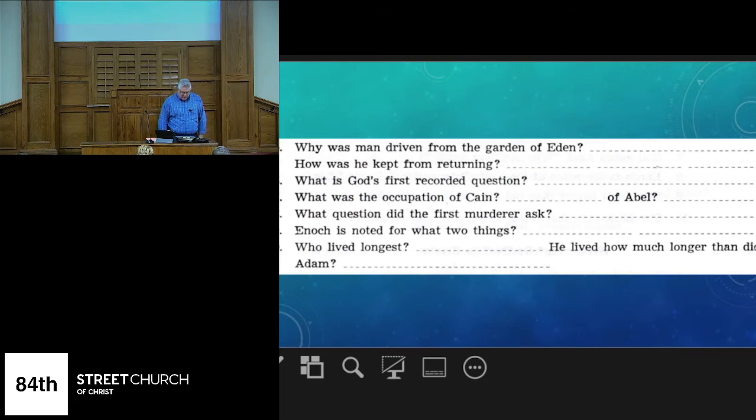Enoch is noted for what two things? Walking with God and being taken. Clarity on that actually is not in Genesis. It's actually in Hebrews, where Enoch is mentioned as one of the heroes of faith.